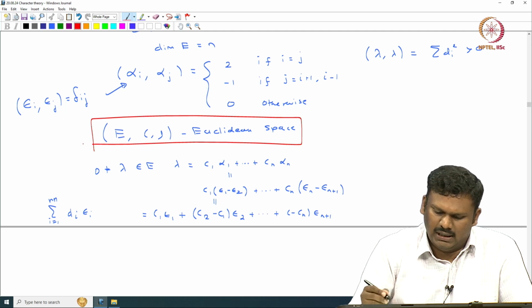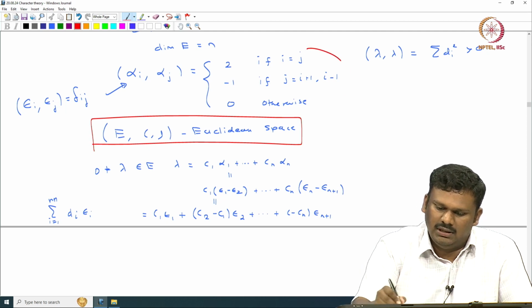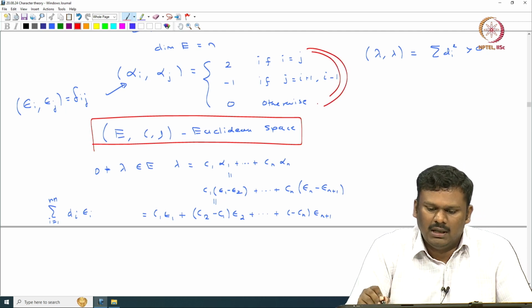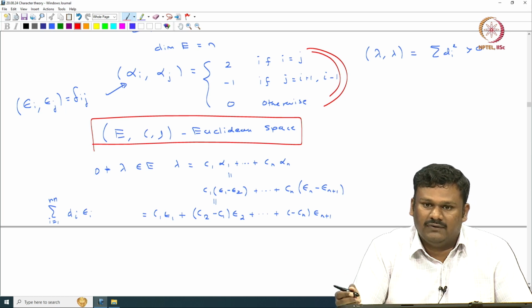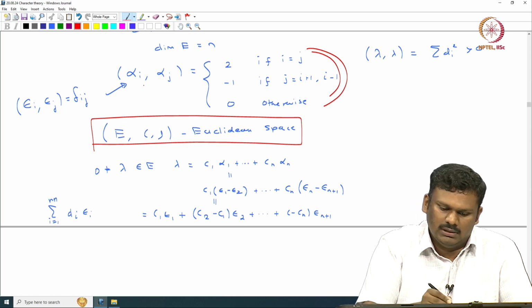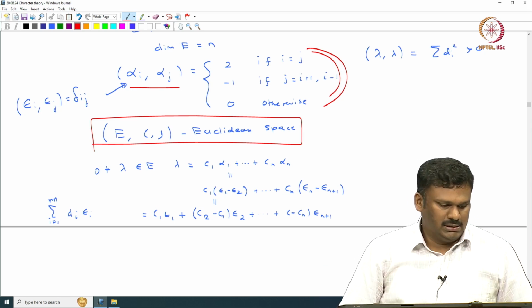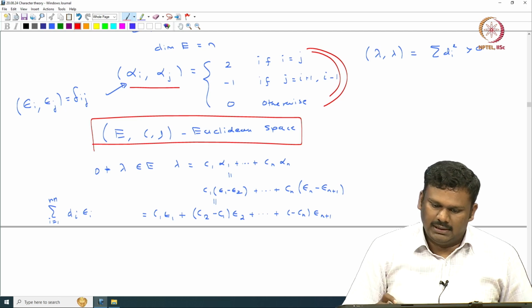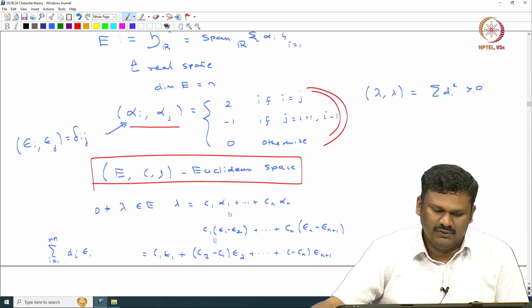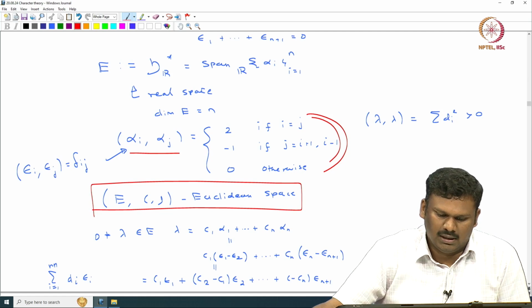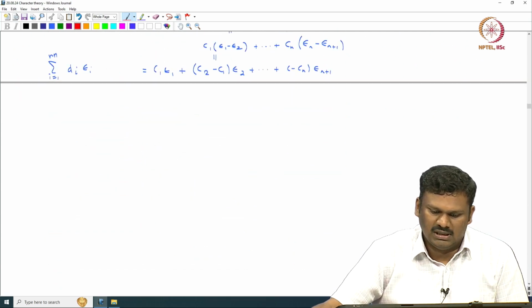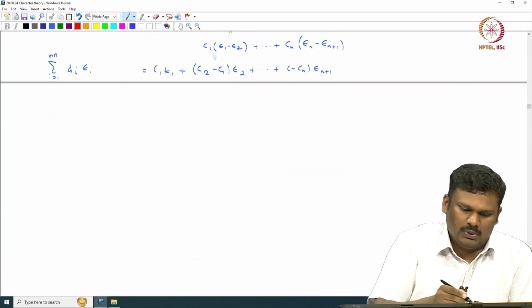One can also straight away check that with this inner product we have a positive definite form. Indeed, if you write it in terms of the matrix, with entries being the inner products (alpha_i, alpha_j), it will be a positive definite matrix. This is all just an aside. That gives us a Euclidean space on which we can talk about the symmetric group action, which is important.